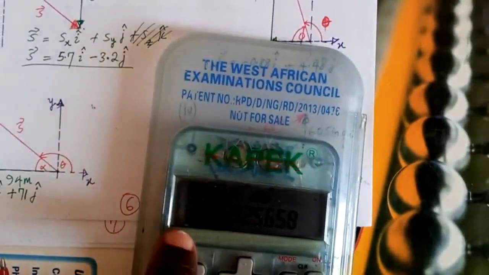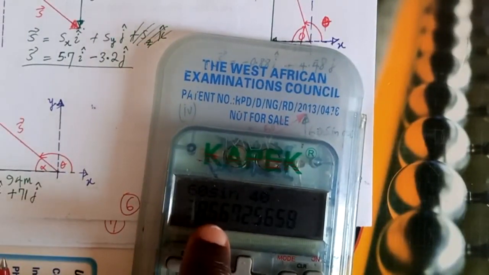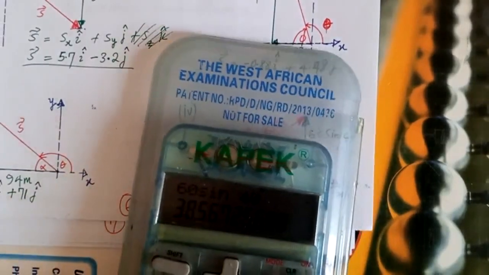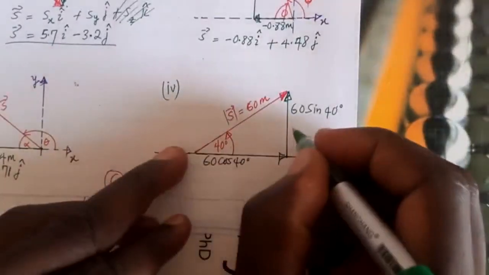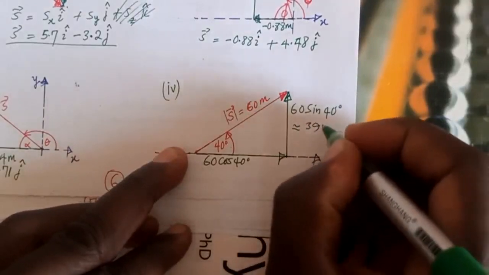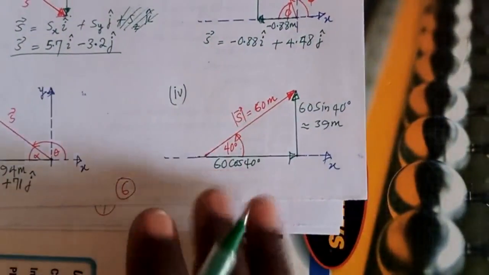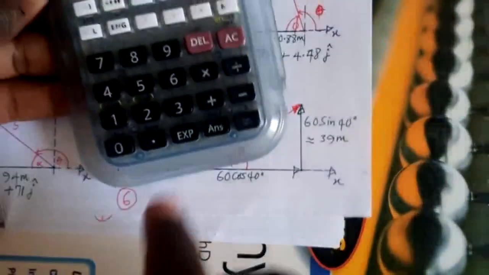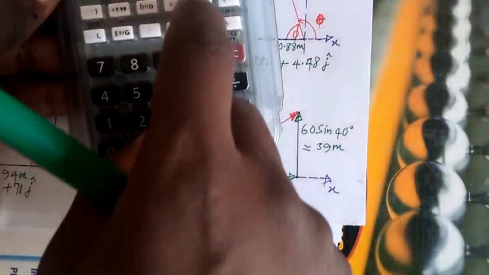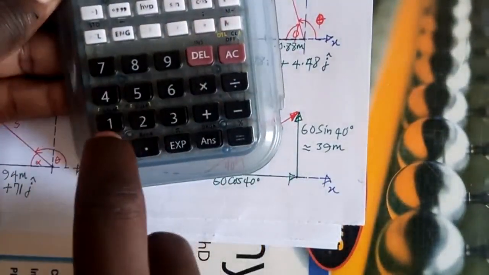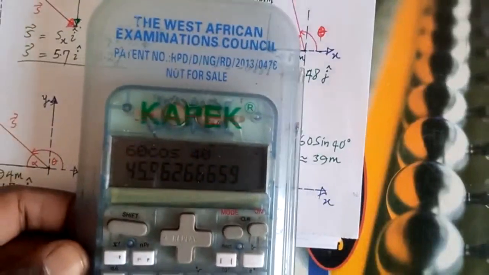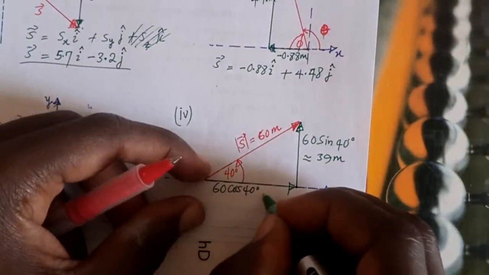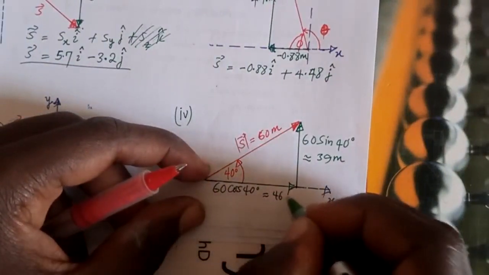This will give you 38.56, approximately, to the nearest whole number, 39. So this is approximately 39 meters. Then for this one I will say 60 cos 40, and this will give me 45.9, approximately 46. So this is approximately 46 meters.